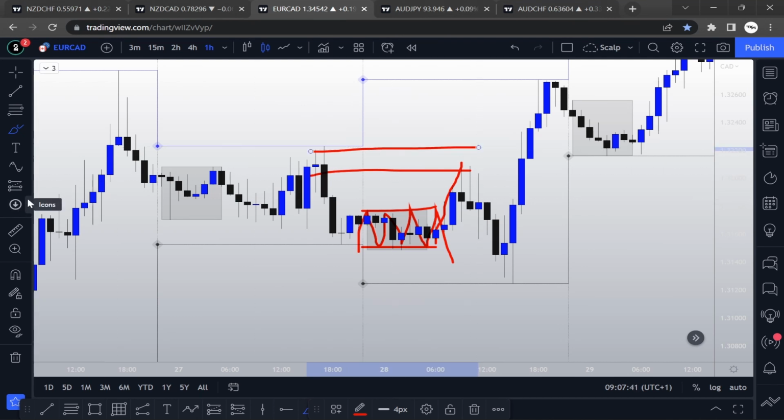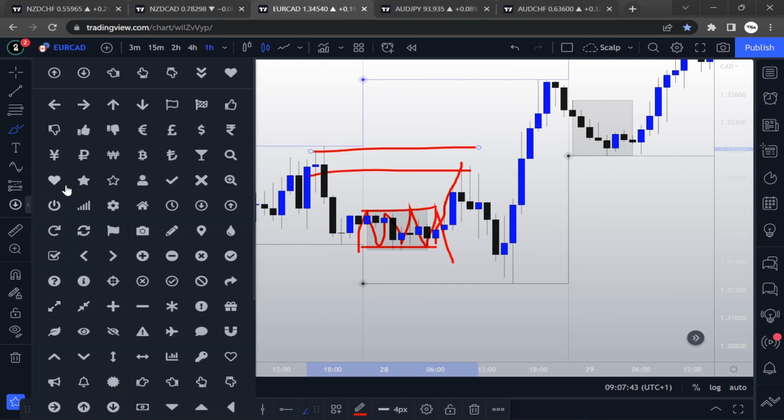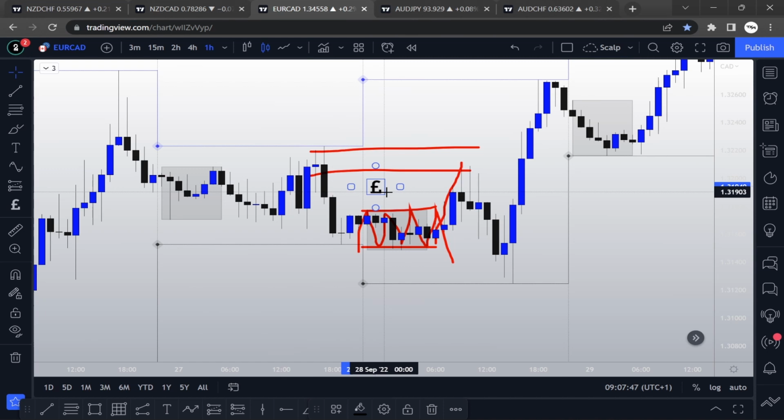what we need to remember is that the section above this Asia high box right here is where people have been placing their stop losses in anticipation that the market is going to sell.